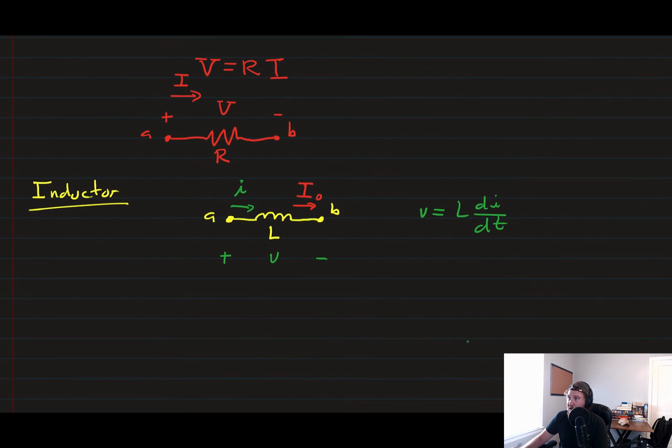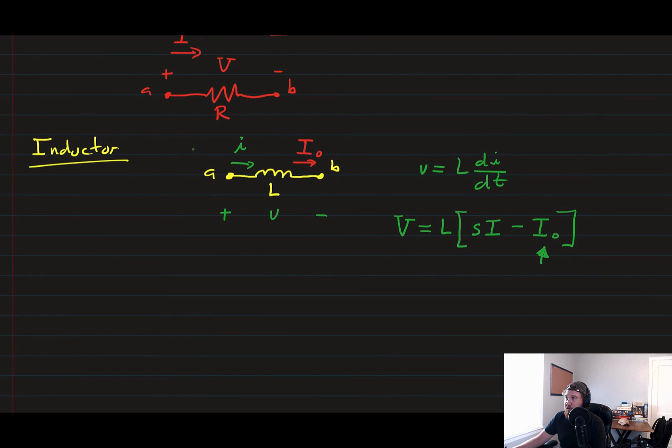Now, if we take the Laplace transform, we saw this before, but for V, of course, we'll just get capital V. It remains largely unchanged, equals L. The L isn't affected by the Laplace transform, but the Laplace transform of a derivative is going to get us this, S times I minus I naught. Remember, we talked about this in our Laplace transform discussion. The Laplace transform of a derivative subtracts out the initial condition. So if we just distribute the L through the expression, we get this really simple expression for V.